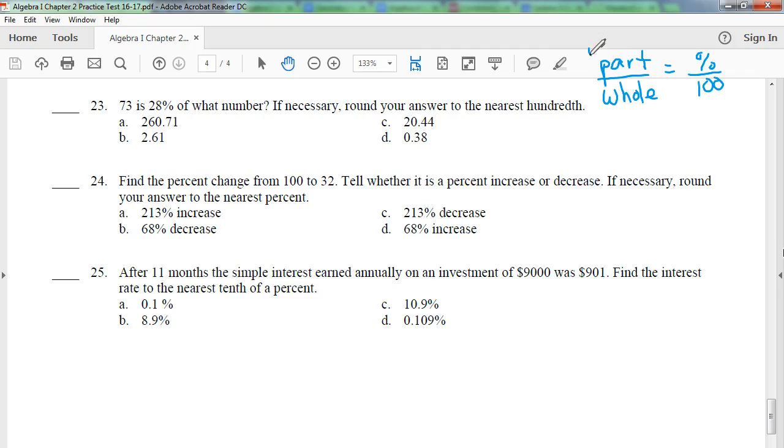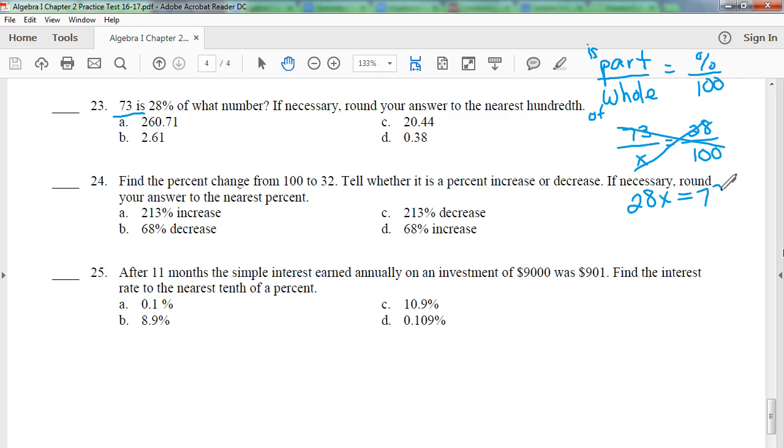And we talked about this as being the is, and this is the of when it's worded this way. So this is an is number, that's 73. And that makes sense. We're looking for the whole. It's of what number? And the percent is 28, always over 100.